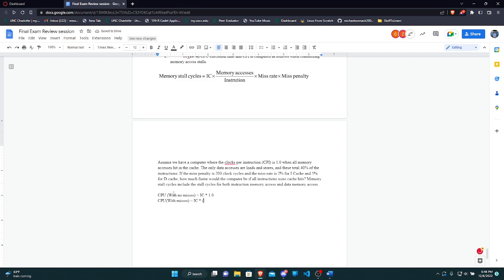Okay, so we're given a base CPI, which is 1.0, and the only data accesses are load stores, which account for 40%. So we have 40% of our instructions which are load store instructions. The miss penalty is 200 clock cycles. Miss rate is 2% for iCache and 5% for dCache.